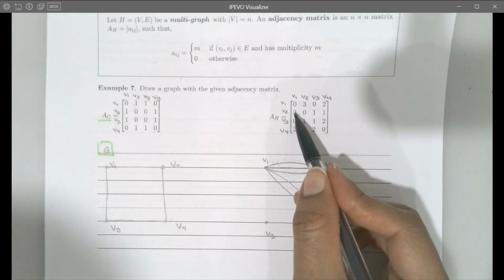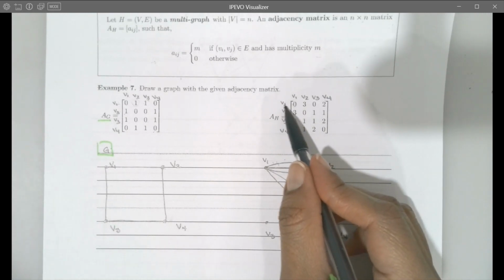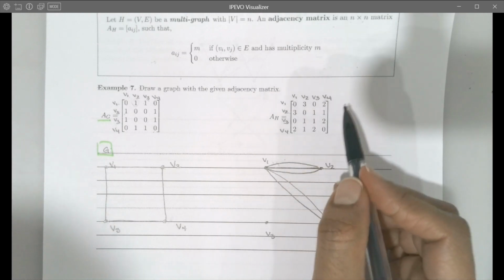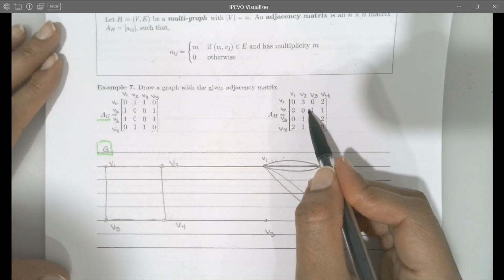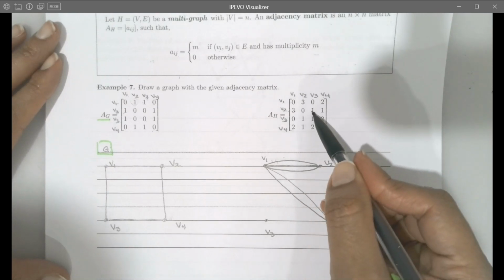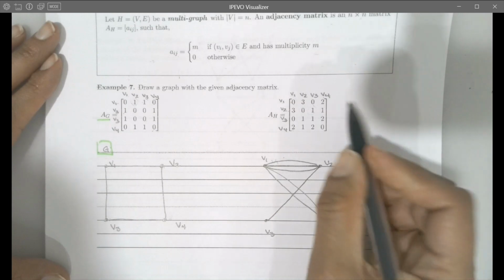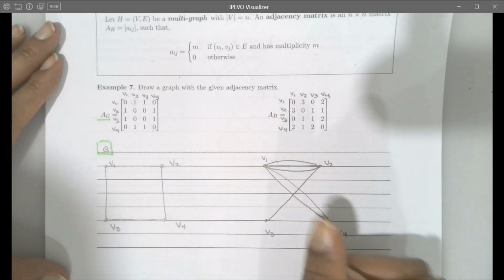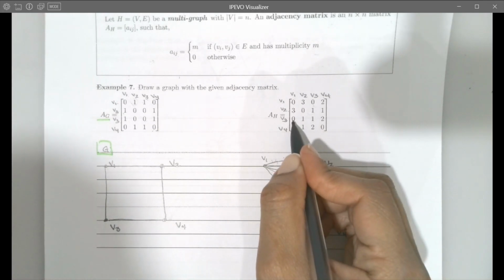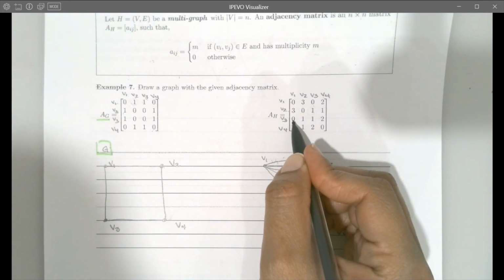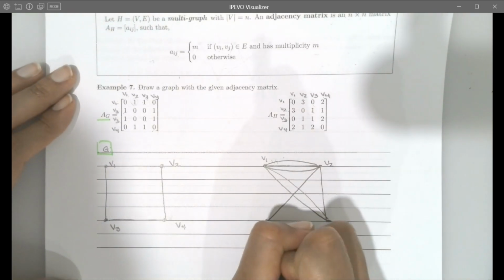Then again, we don't really need to consider V2 with V1 because it was already considered in the first row, V1 with V2. We just need to consider V2 with itself, which is a no, V2 with V3, which is a yes, and there's only 1 edge. Then V2 with V4, which is a yes, and again, 1 edge. Now we look at V3 with itself, and that is a yes, actually, so that means we're going to have a loop.